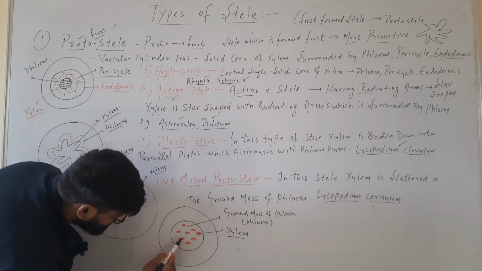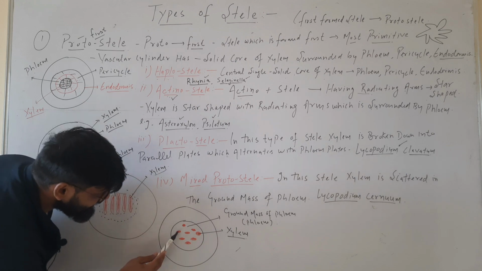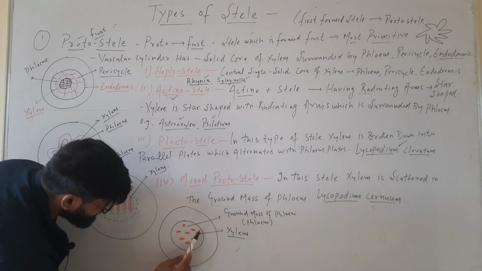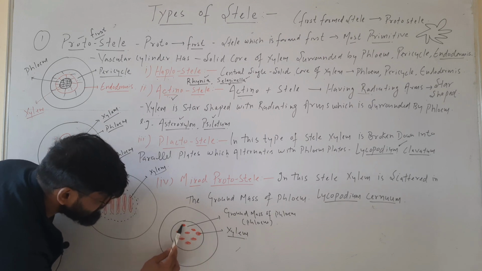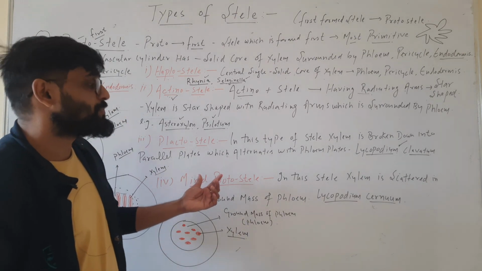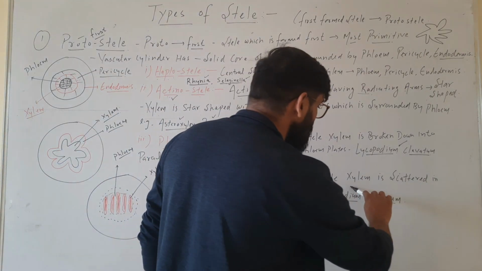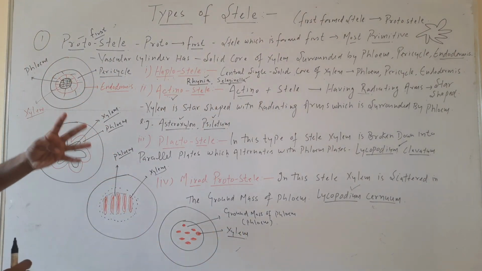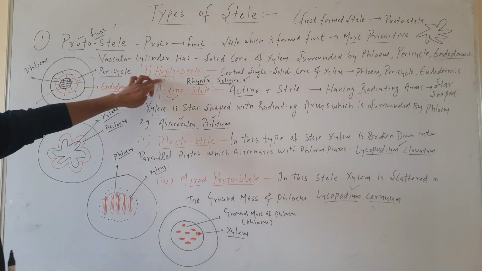These reddish dots are xylem, scattered in the phloem, because this whitish part is phloem. In this phloem, patches of xylem are scattered. This type of stele is called mixed protostele. It is found in Lycopodium cernuum. So these are 4 different types of protostele.